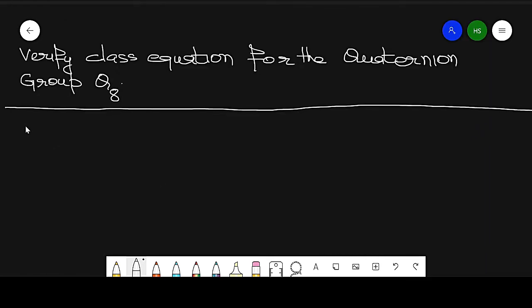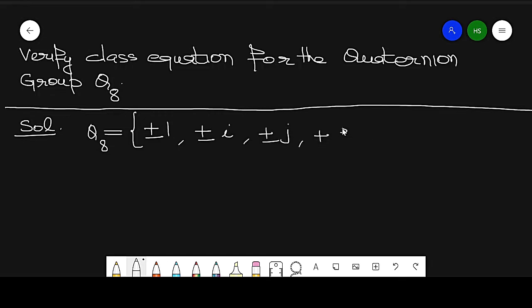Now the quaternion group. Verify the class equation for this group, Q8. First, what is the quaternion group? It is plus or minus 1, plus or minus i, plus or minus j, plus or minus k.